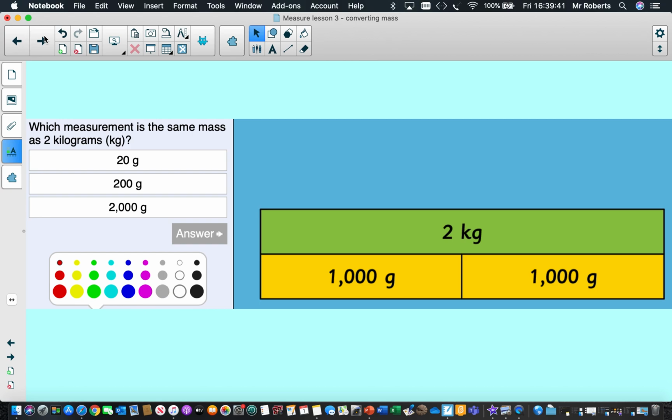So therefore we can see that 2 kilograms is 2,000 grams. Because when we're working from kilograms to grams, we have to times by 1,000. So 2 times 1,000 is 2,000.